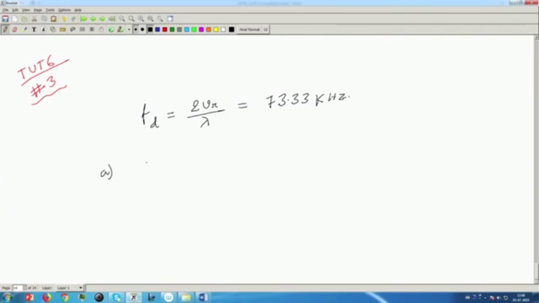Now, you see that due to LFM the transmission frequency changes by 200 megahertz in 1 millisecond.